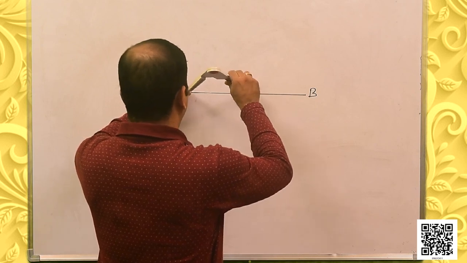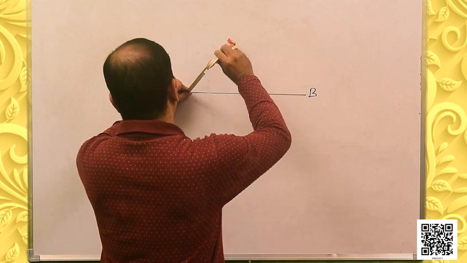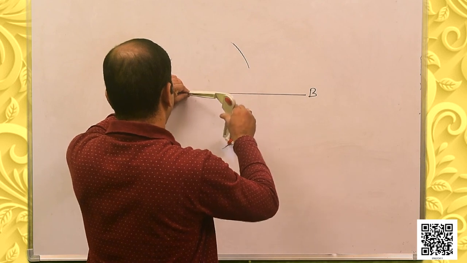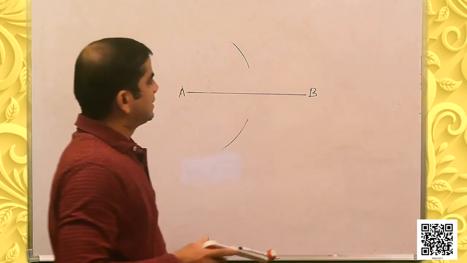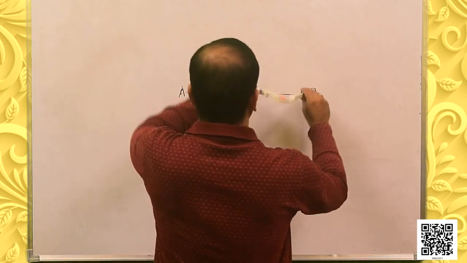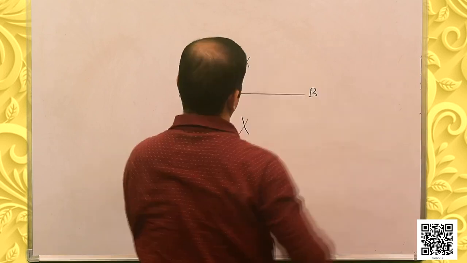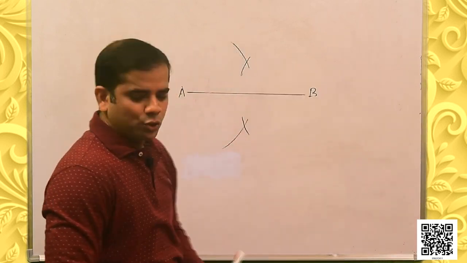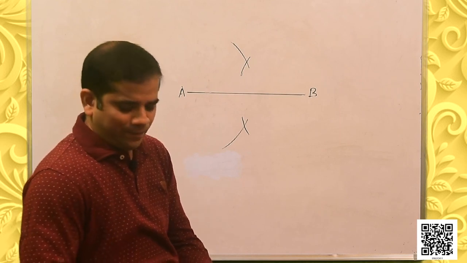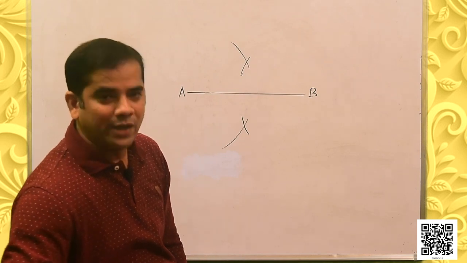Now I need to draw arcs on both sides of the line segment. Same way I have to do it from point B. Fine. So the two arcs on both sides of AB are intersecting each other at two different points.